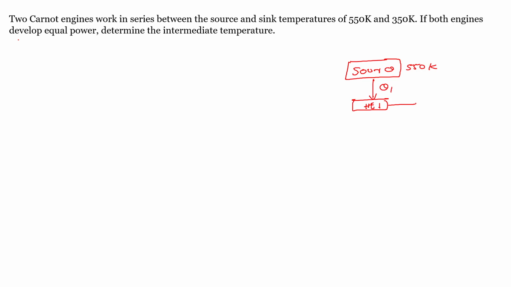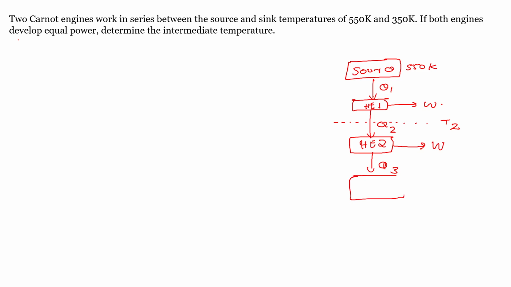Q1 will be the heat input and its output is work. Now the temperature T2. Now heat engine 2 takes Q2, produces work W, and this Q3 is going to the sink at 350 Kelvin.